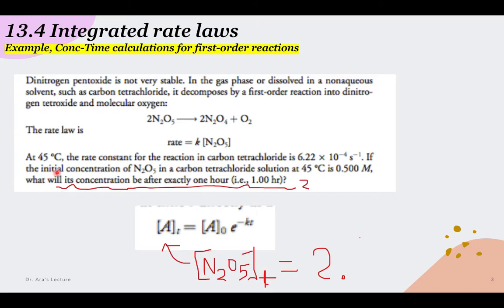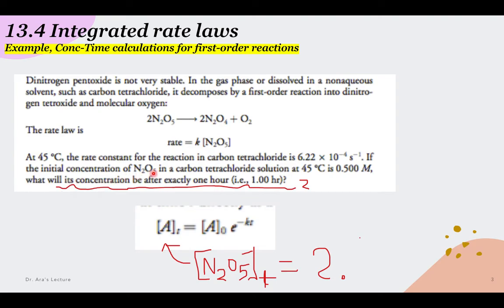Now at 45 degrees Celsius, the rate constant for the reaction in carbon tetrachloride, which we are using as a solvent, is 6.22 times 10 to the power minus 4 per second. So that means we already have the k value. We also have the initial concentration of N2O5.